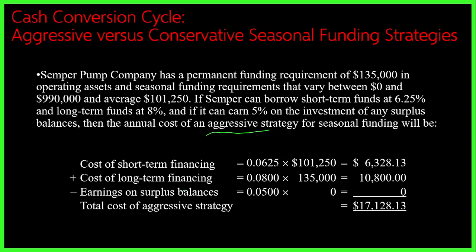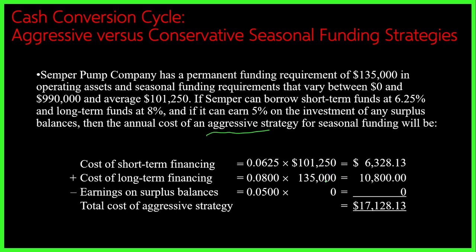This means that your permanent funding requirement of 135 will be supported by long-term financing, while your seasonal requirement, the 990 with an average of 101,250, will be supported by your short-term funds.